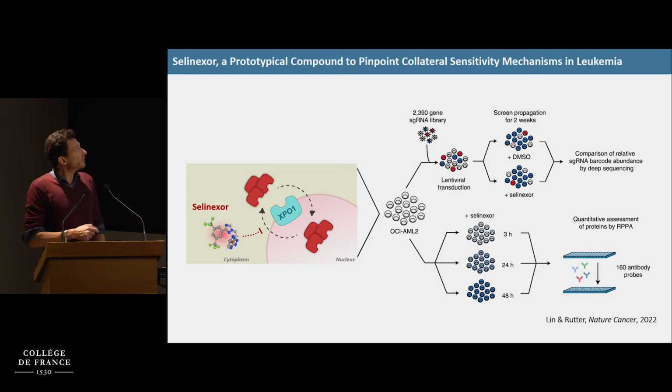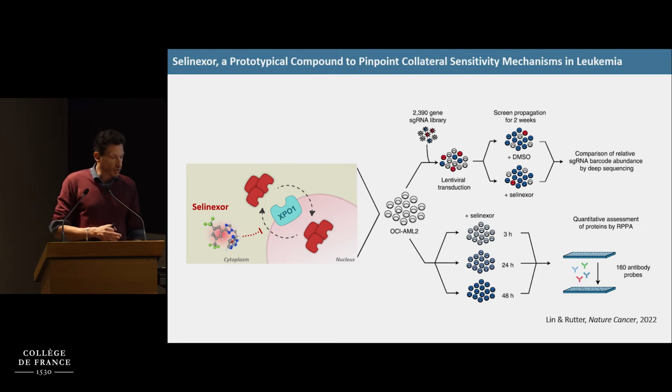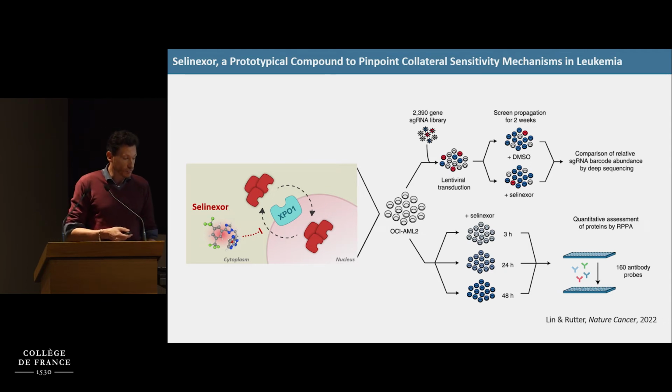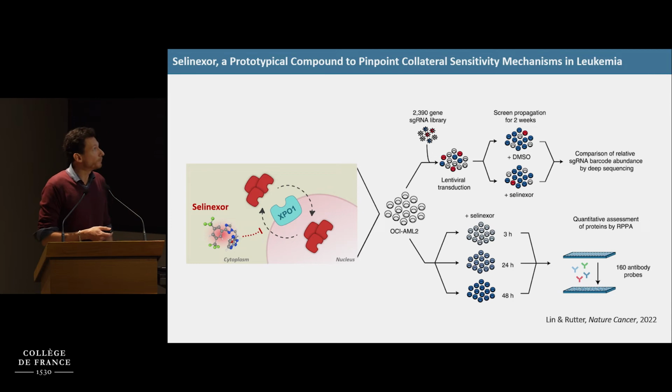We focused on selinexor because, owing to this effect on XPO1 and the plethora of different proteins that could be affected by its inhibition, we suspected that selinexor could elicit in cells both pro- and anti-fitness effects on their growth. So this would be the most likely to identify mechanisms of collateral sensitivity in AML.